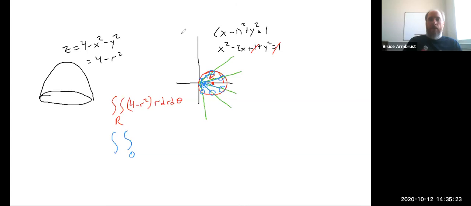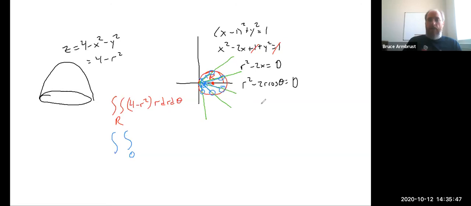So now I have r squared minus 2x equals 0, because the ones cancel.